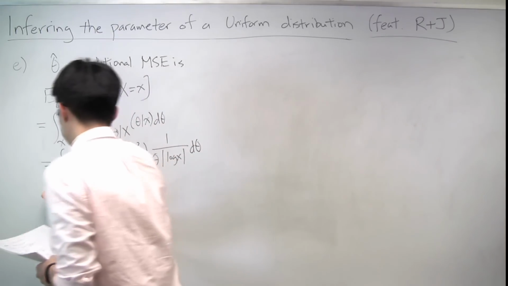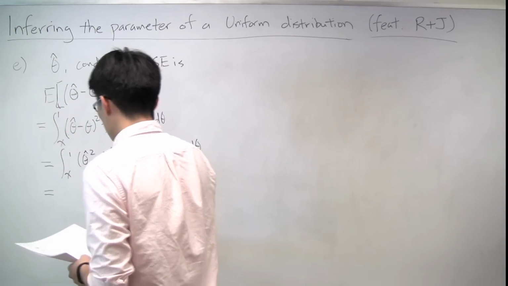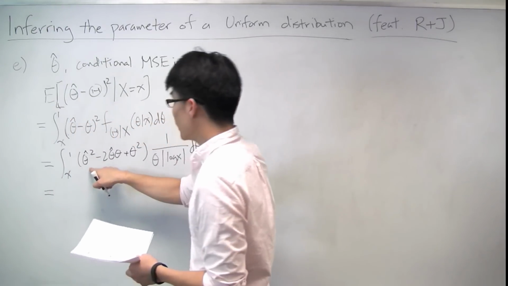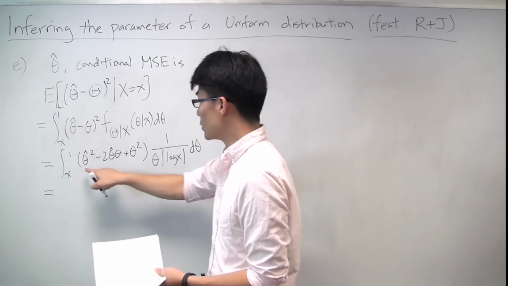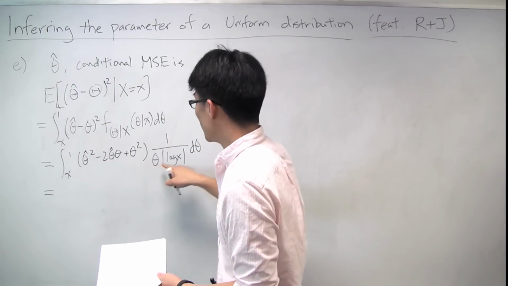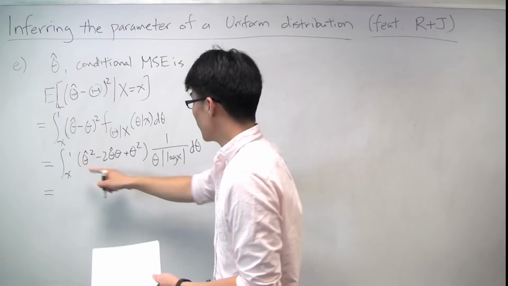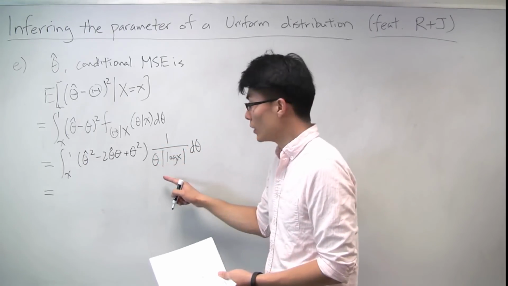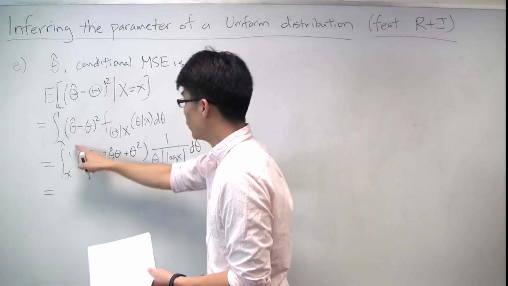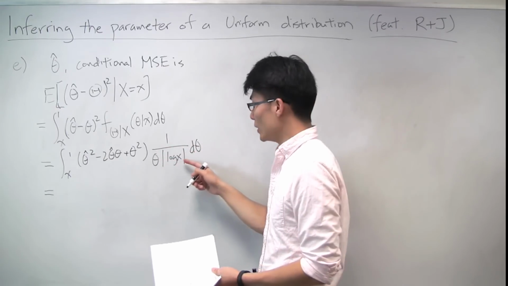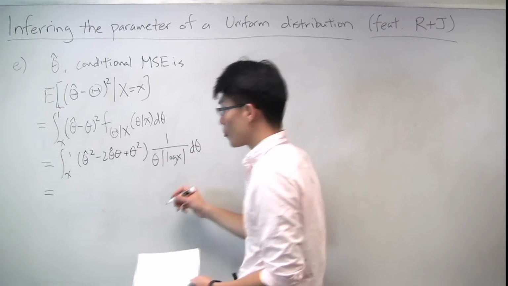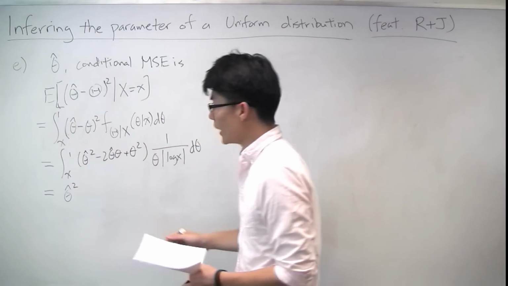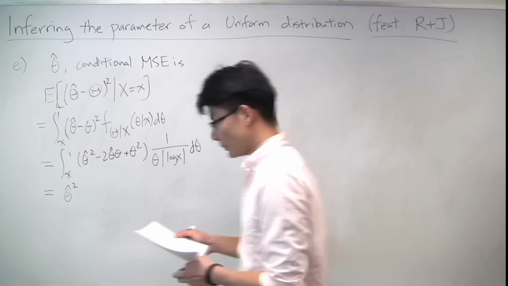And when we do out this integral, we can split it up into three different terms. So there's theta hat squared times this, and you integrate it. But in fact, this is just a conditional density. When you integrate from x to 1, this will just integrate up to 1 because it is a valid density. So the first term is just theta hat squared.